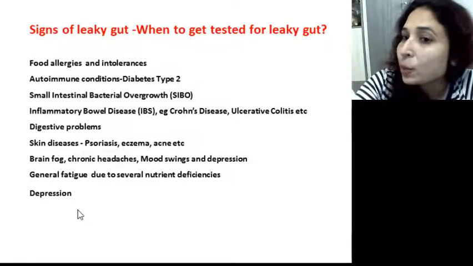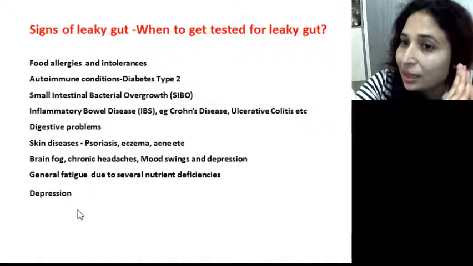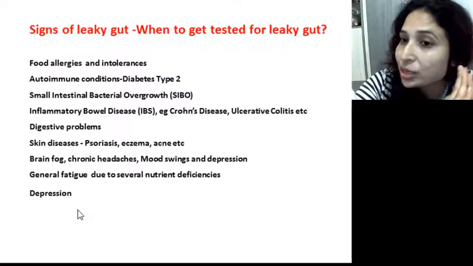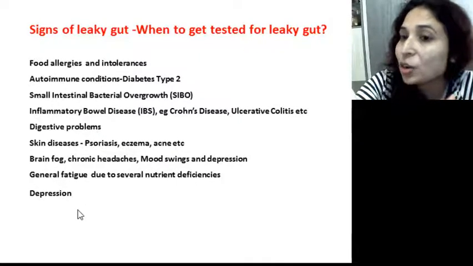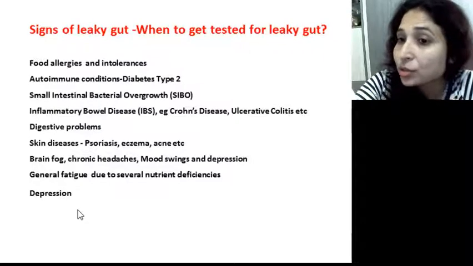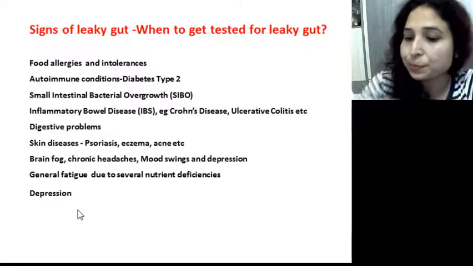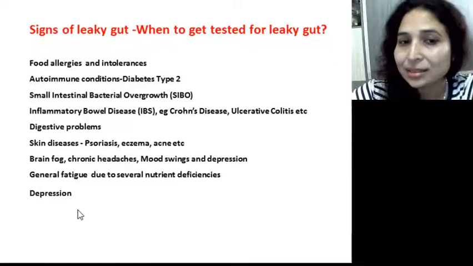Then we can first think that there can be a situation of leaky gut. That is because the absorption of the nutrients from the intestine is not taking place properly, and so the detection of this leaky gut condition is very important in all these symptoms and diseases.